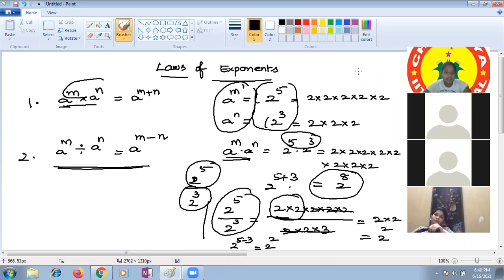Ritvik, where is your doubt? Ma'am, we can take any exponents, the exponents are different in these cases, but only the base is the same. 2 power 5 is just an example. Based on these sums, I will give a few more for you.